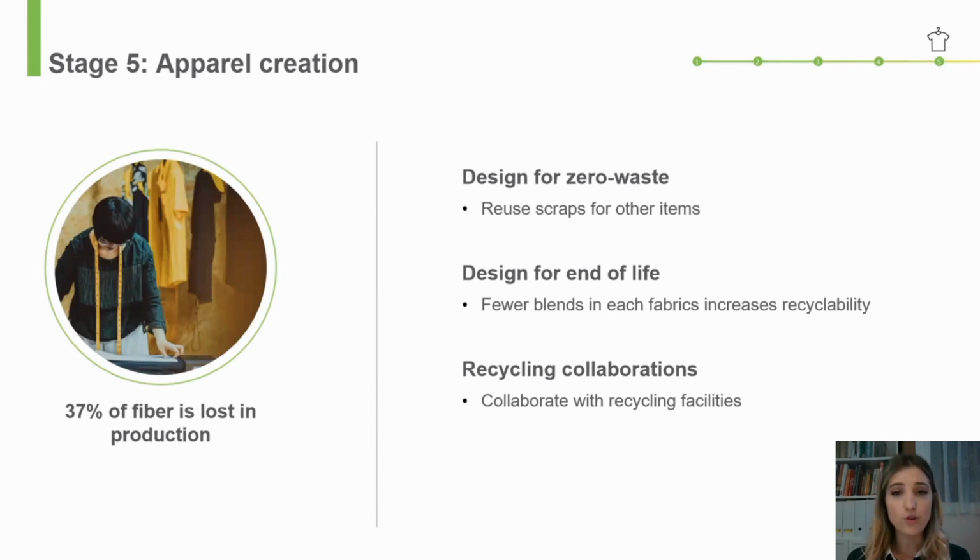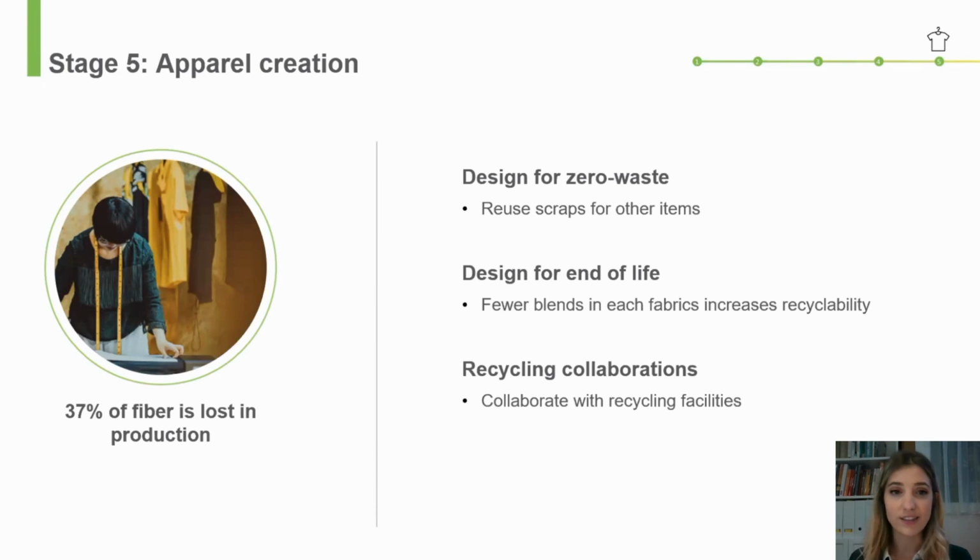So here are a few ways to reduce this. Firstly, reuse scraps for other items such as jewelry, headbands, and accessories. Also, try to design for minimal blends, as I was talking about before. Try to use fewer fiber blends in materials, as then it is more likely that your scraps are able to be recycled.